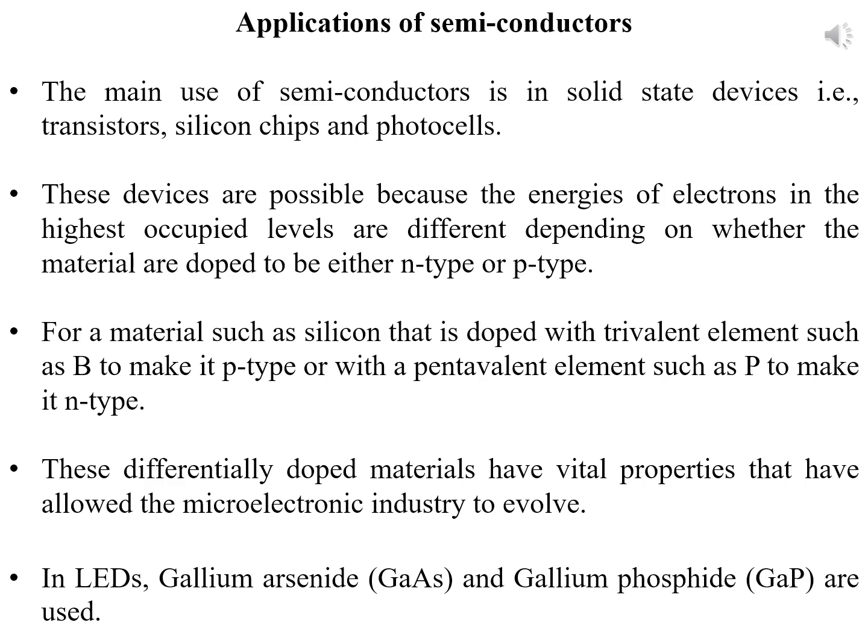The main application of semiconductors is in solid state devices, which include transistors or silicon chips, or may also include photocells. We can make these devices because the energies of electrons in the highest occupied levels are different, and it depends on whether the material is doped with n-type material or p-type.